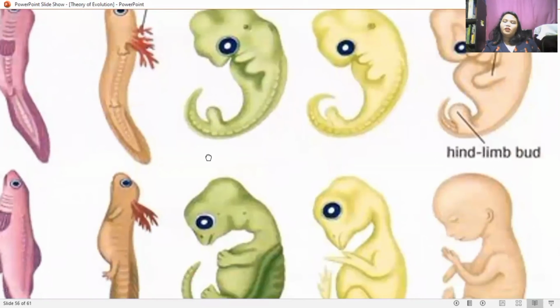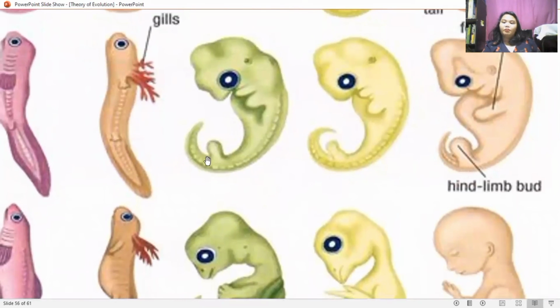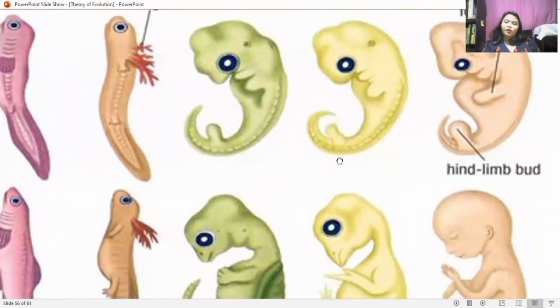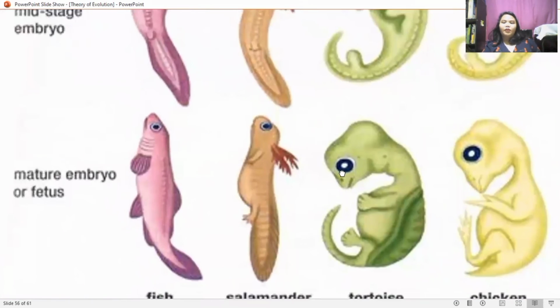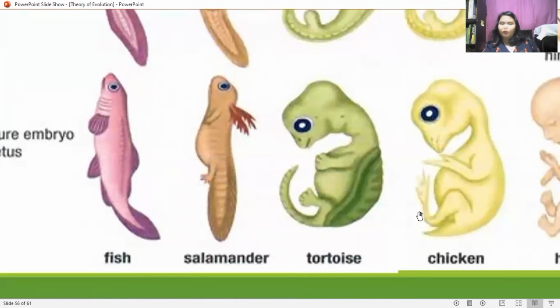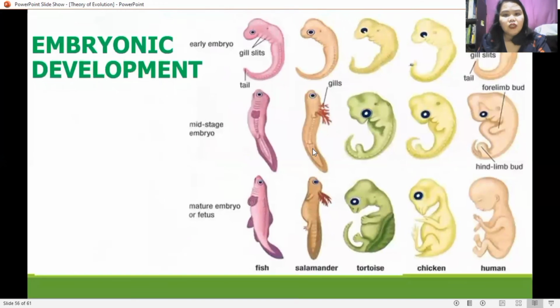And then the human develops a forelimb bud or hindlimb bud, which is similar to whales, but then it evolved into legs. While some evolved continuously into tails, some evolved into shorter feet, or webbed feet rather.